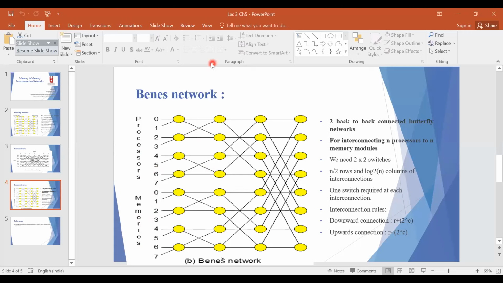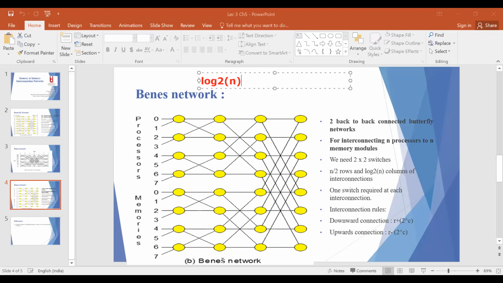So the formula says that we have log base 2 of the number of processors and memory modules that we want to connect. One more thing, we always have this as a matrix. So if I'm saying 8 processors to 4 memory modules, I will have to use an 8 cross 8 network.